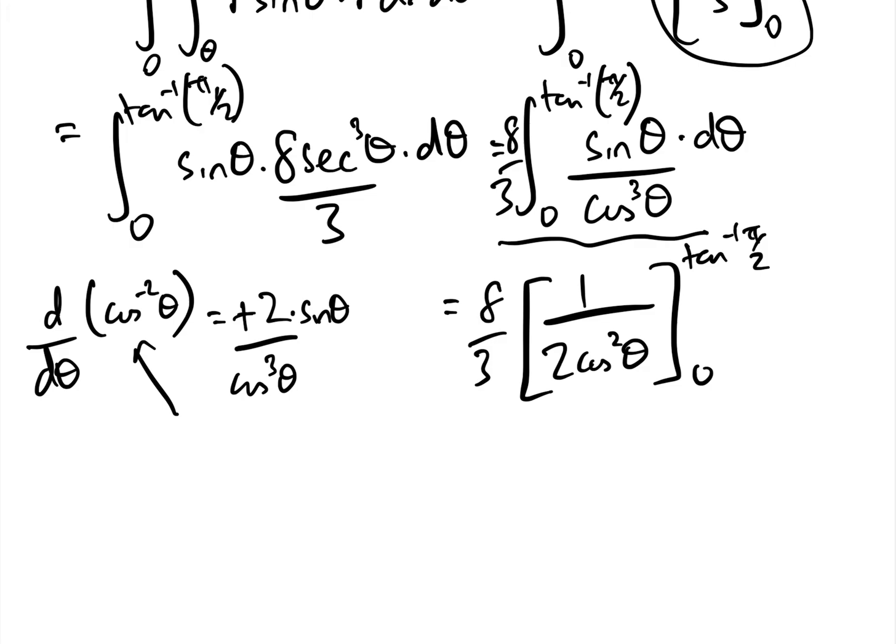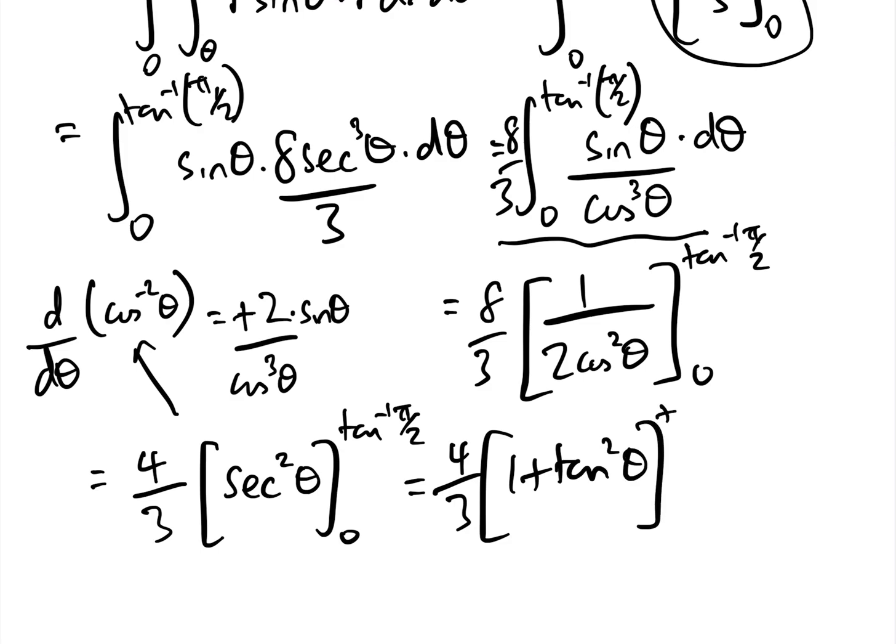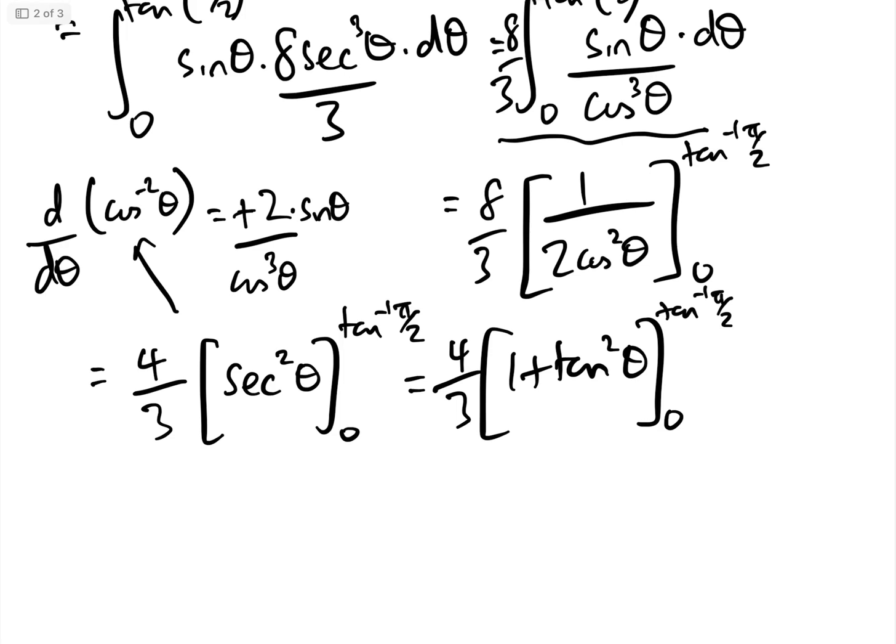And we're almost there. Okay, so now 1 over 2 sec squared theta, that equals 4 over 3 sec squared theta between tan to the minus 1 pi over 2 and 0. And sec squared is 1 plus tan squared, so that's 4 over 3, 1 plus tan squared theta between tan to the minus 1 pi over 2 and 0.